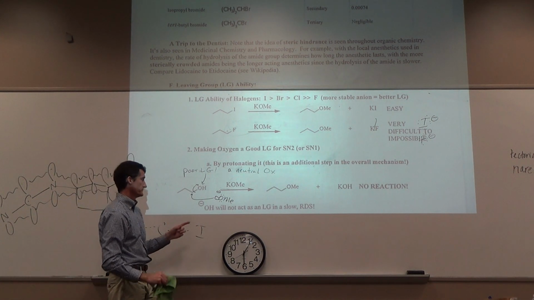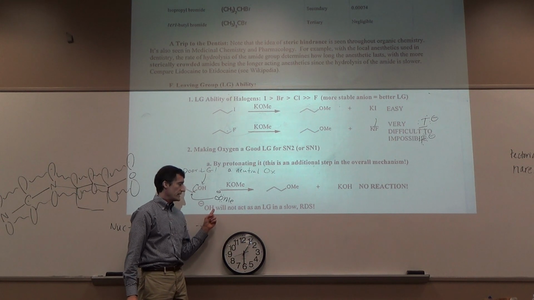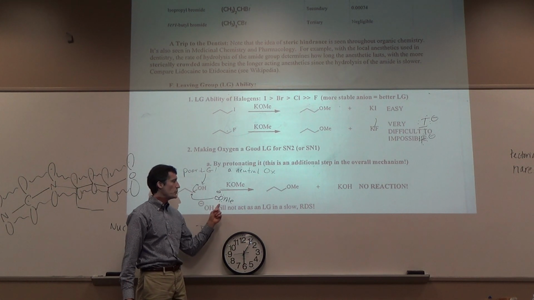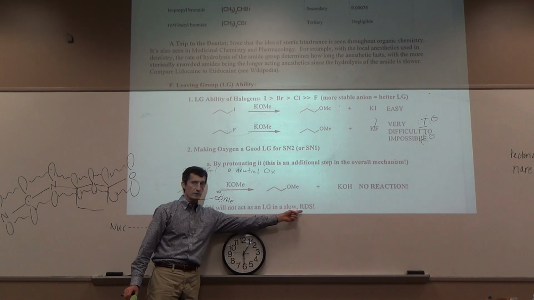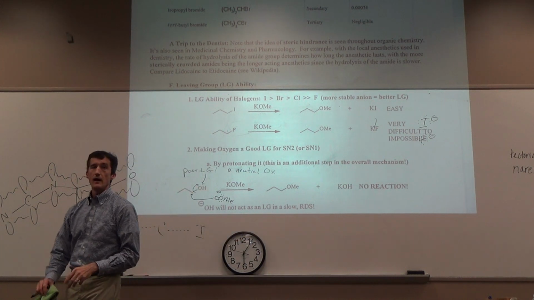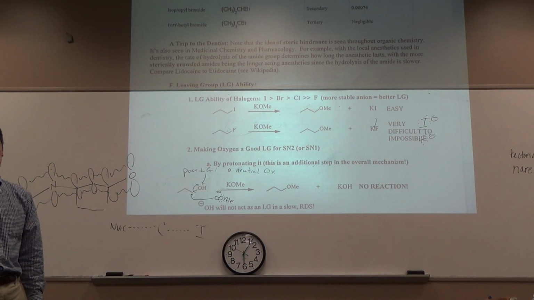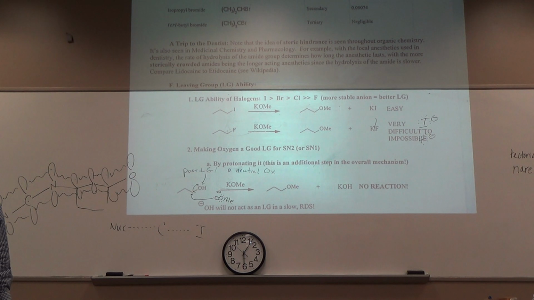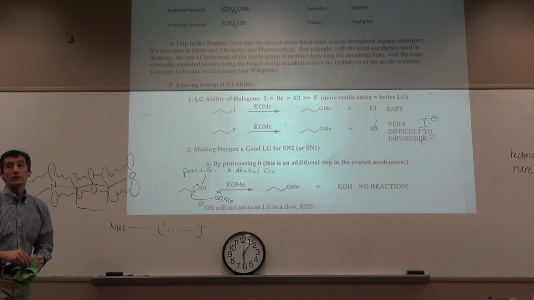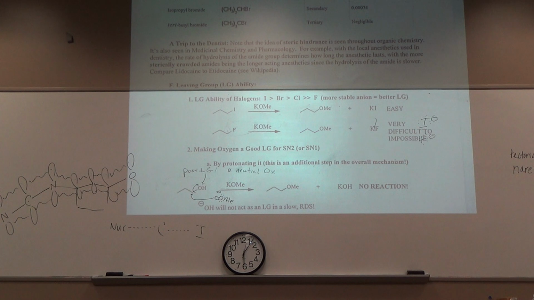Now, if I get more specific, it's a poor leaving group in a rate-determining step. Quick question. In SN2, does a leaving group leave in the rate-determining step? Yes, it does.